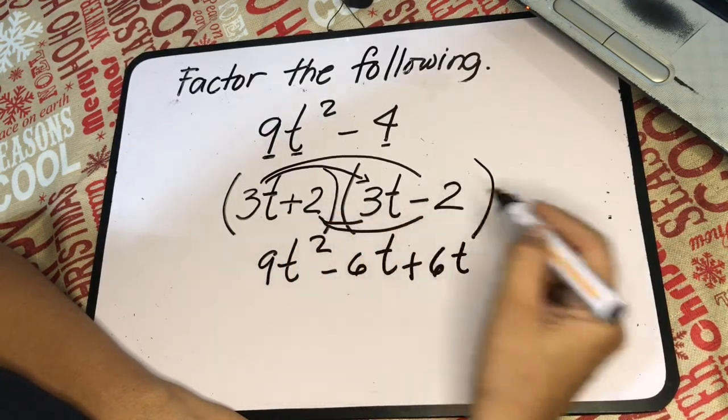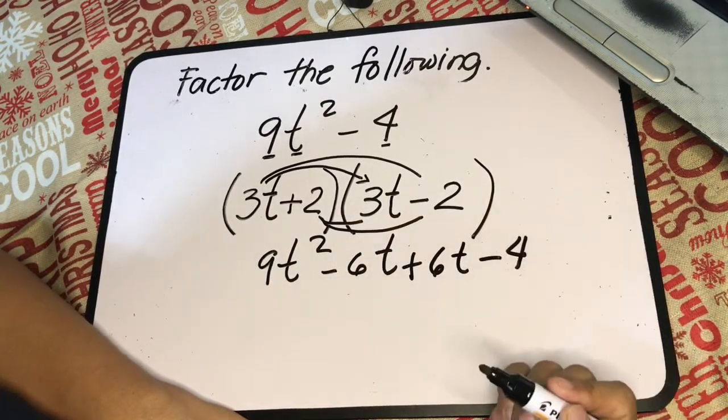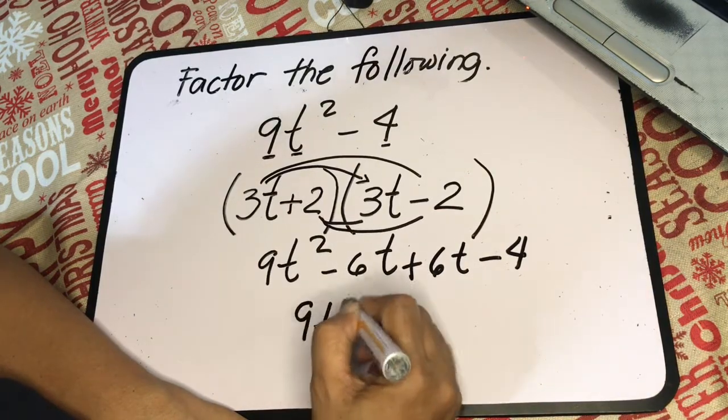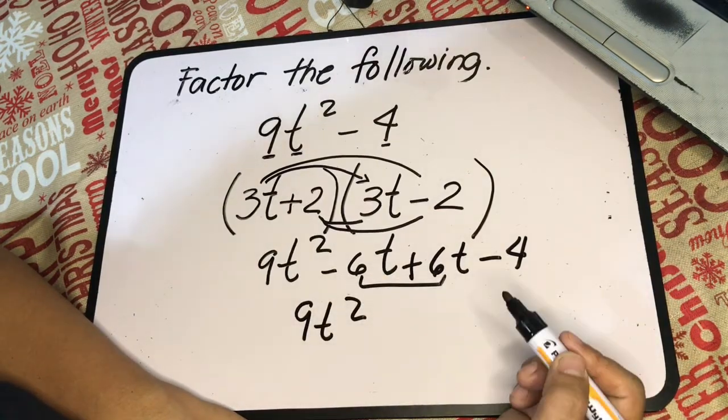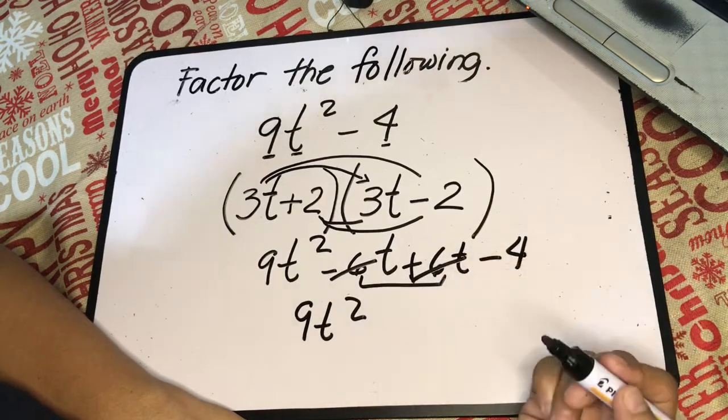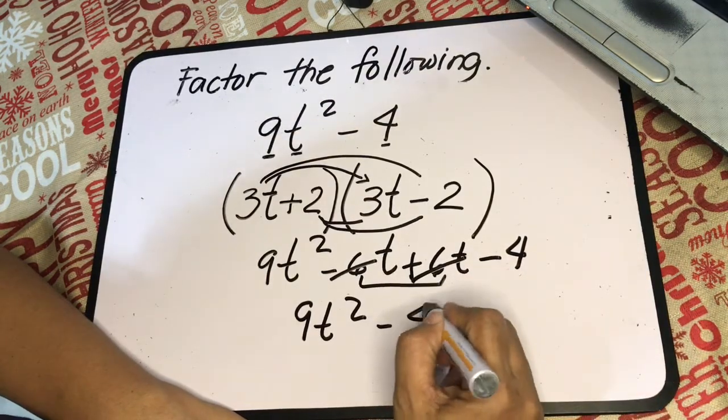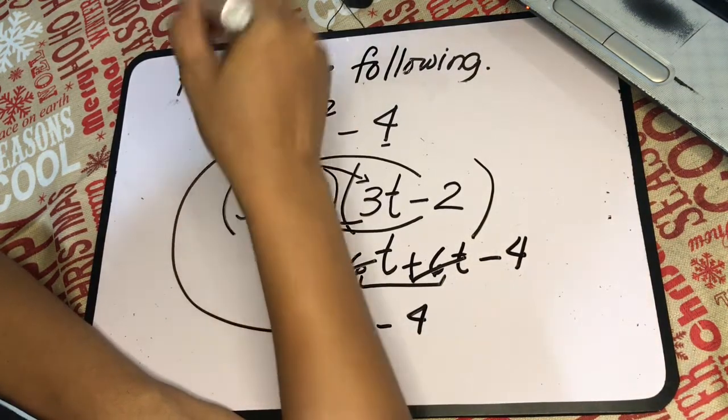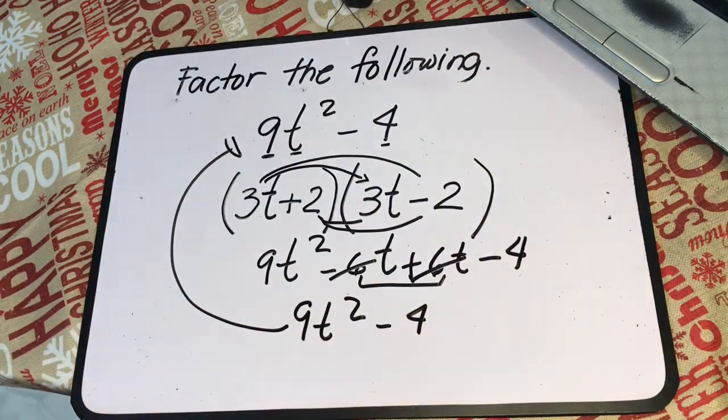And 2 times negative 2 is negative 4. So, 9t squared. These are similar terms. Negative 6t, positive 6t equals 0, minus 4. Okay. So, we have the original equation.